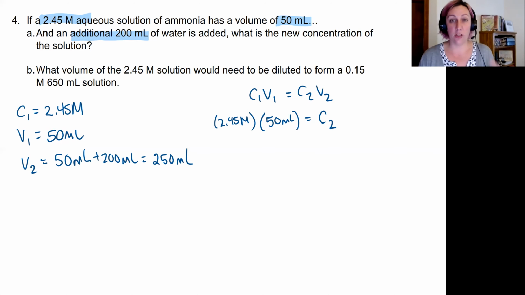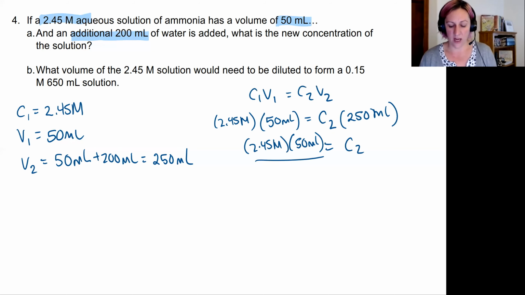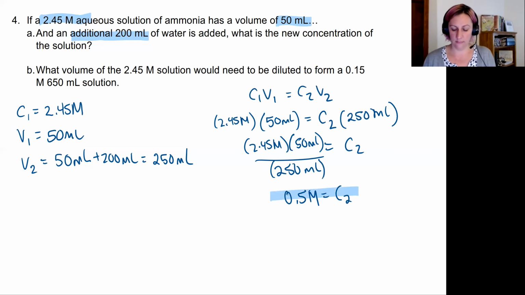And that's going to be equal to my new concentration, which will be in units of molarity still, or moles per liter, because my first concentration is in those units, times my 250 milliliters. So that C2 is going to be equal to my 2.45 molar times my 50 milliliters divided by my 250 milliliters. Or my concentration is going to be 0.5 molar. Okay, so that's A. Let's look at B.